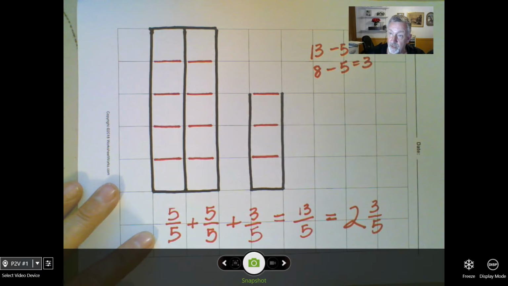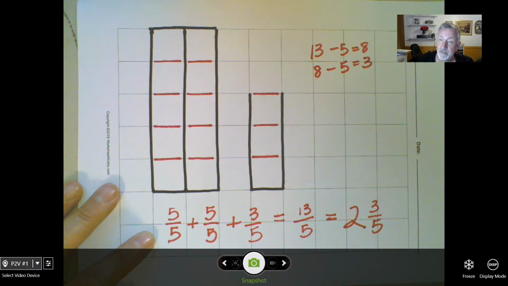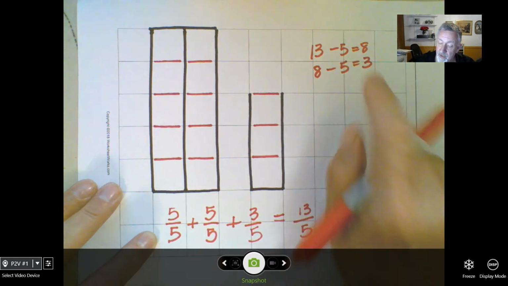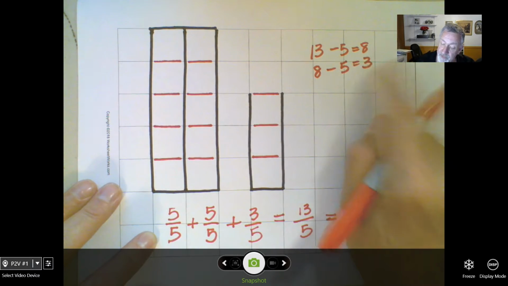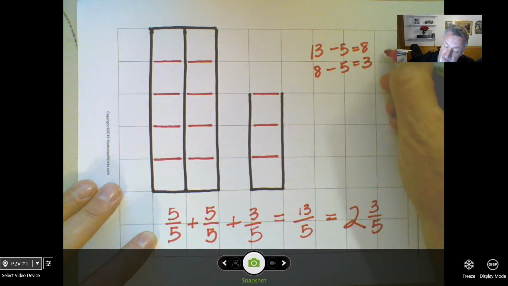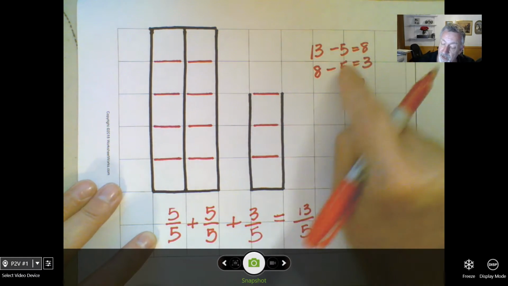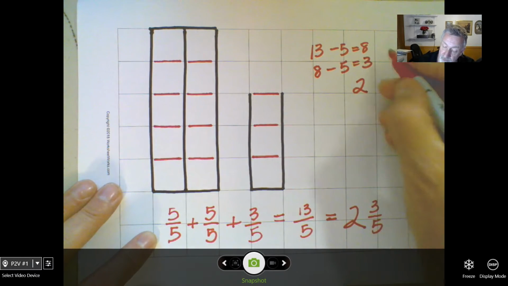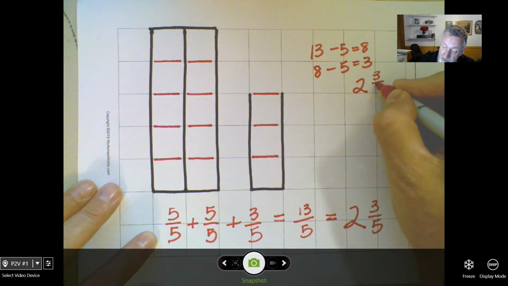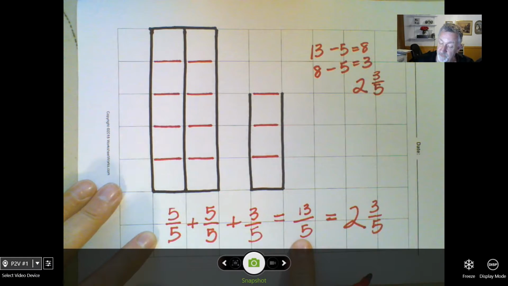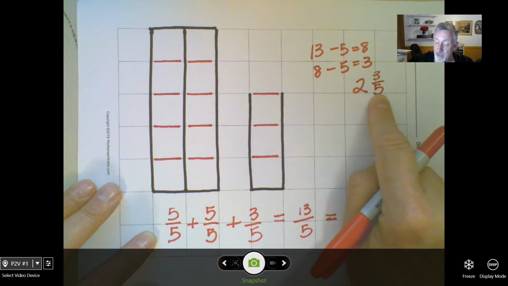Let's move this out of the way a little bit. Okay, so I've taken out 1 whole unit, I've taken out 2 whole units, and I have 3 left over. So again, 13/5 is equal to 2 3/5.